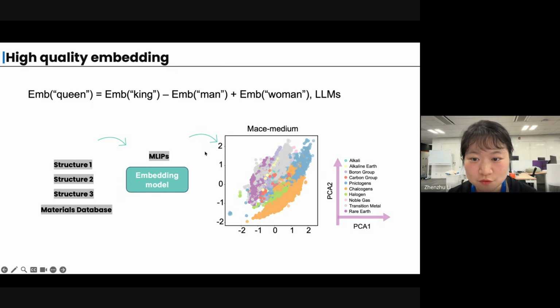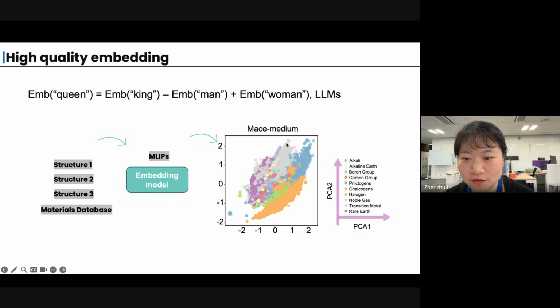In materials science, when we train the model, we also want to evaluate the quality of the embedding. One very straightforward way is to check how well the learned embedding clusters, because when elements have very similar chemical properties, they tend to cluster together.